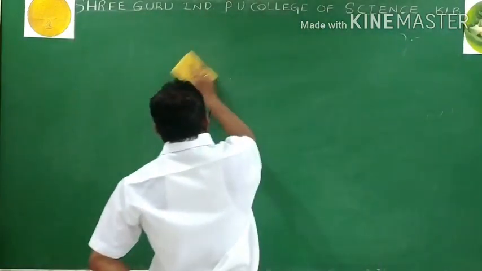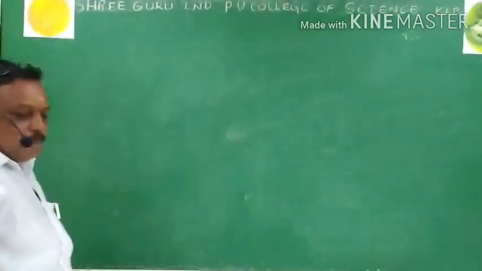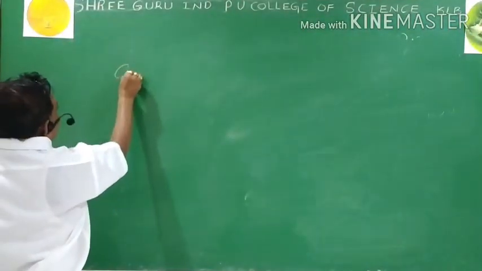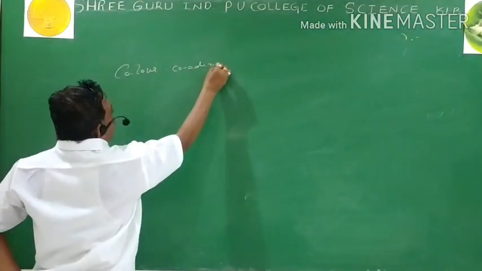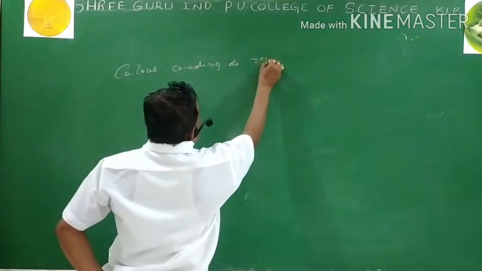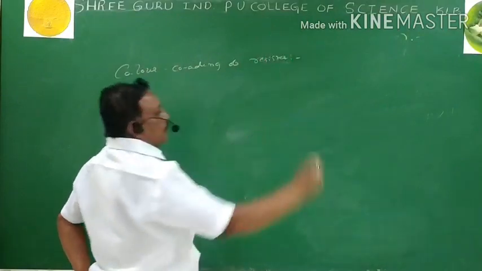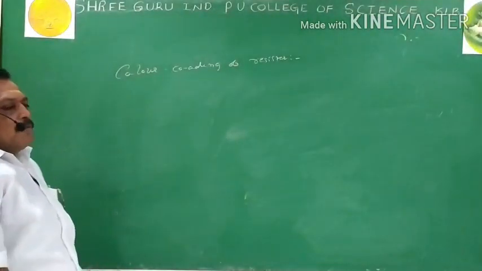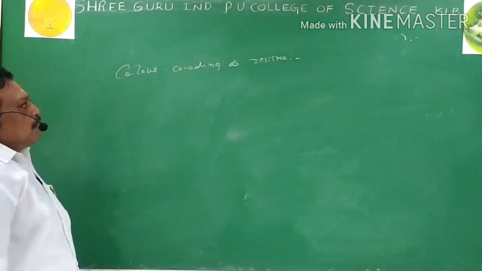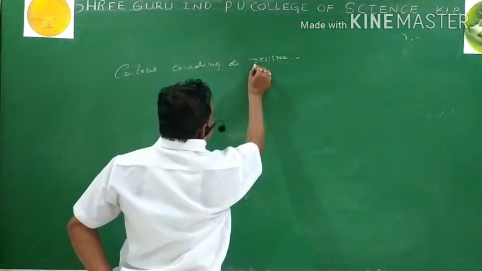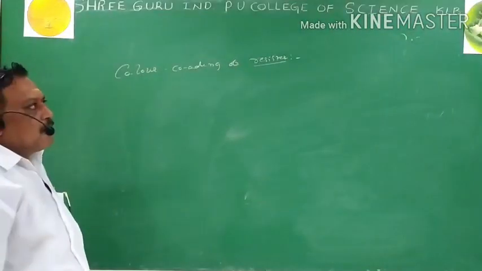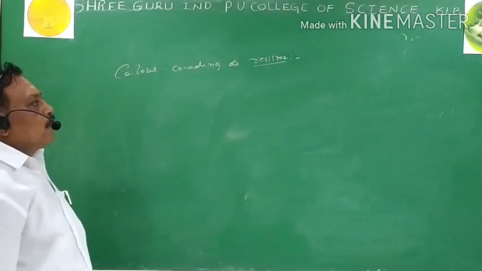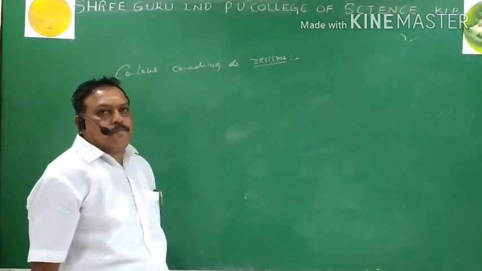carbon composition resistor, that is color coding of resistor. Then what is a resistor? A resistor is a circuit element used in electronic and electrical circuits to limit the strength of the current.